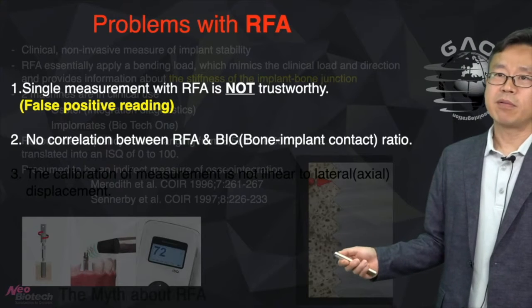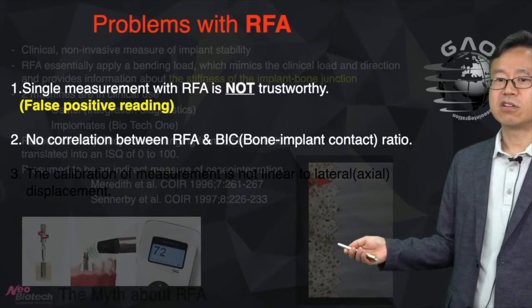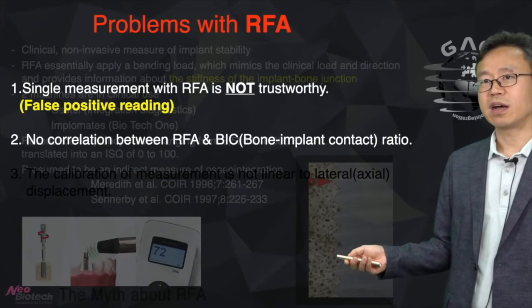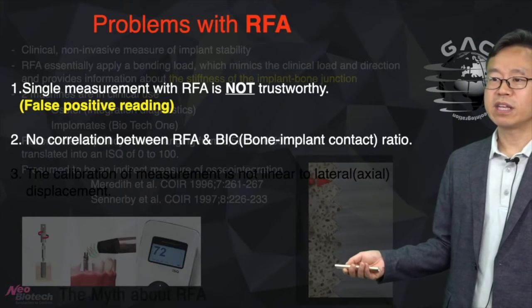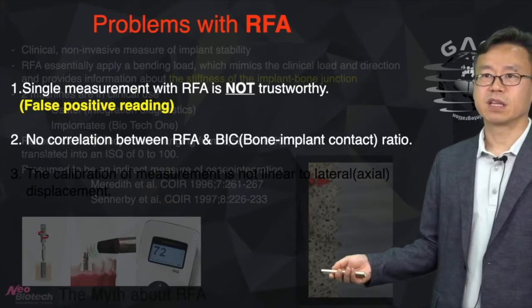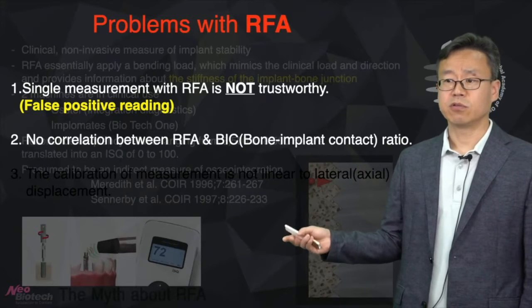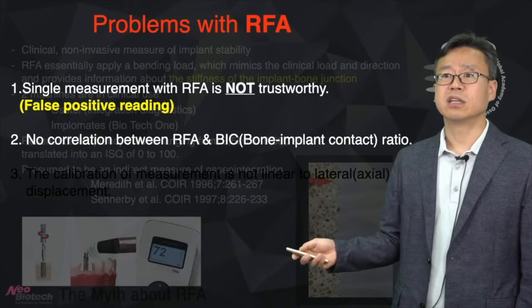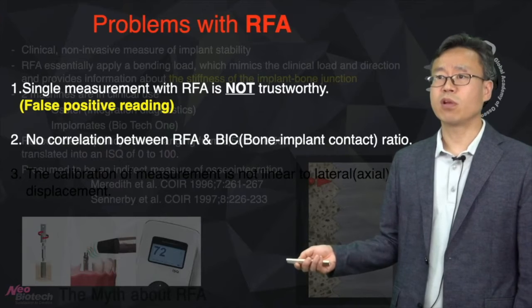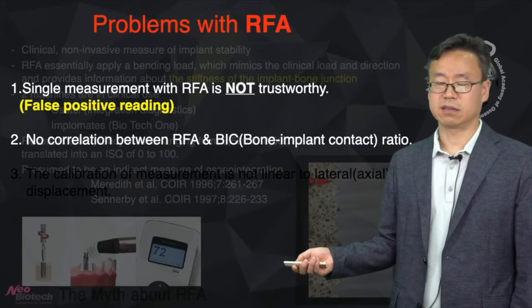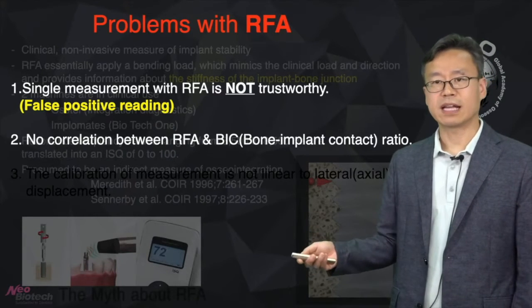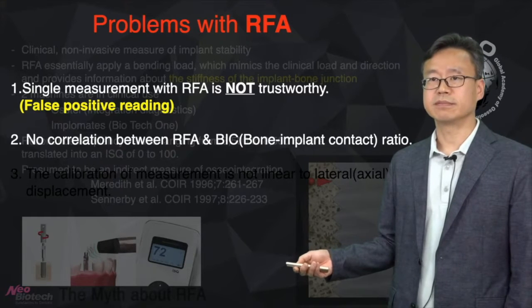And the second problem with RFA is there's no correlation between RFA and bone implant contact ratio. We've talked about bone implant contact ratio last time, which I mentioned is the most important parameter for loading, especially for accelerated loading.